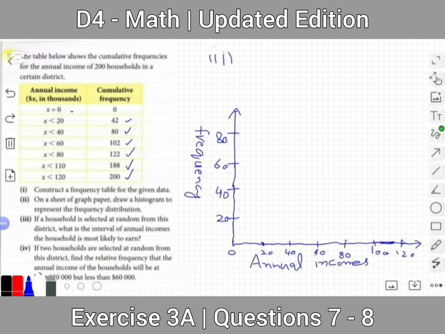To construct a histogram, we have taken annual incomes along the x-axis, and along the y-axis we have taken the frequency.